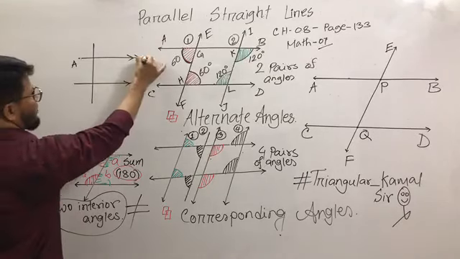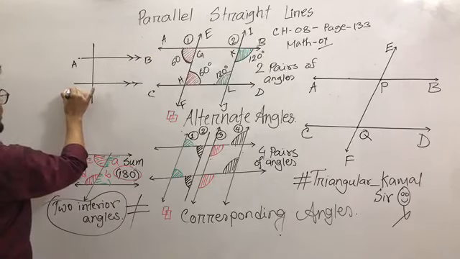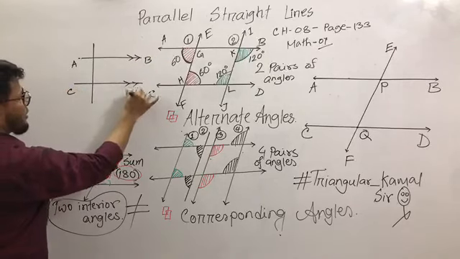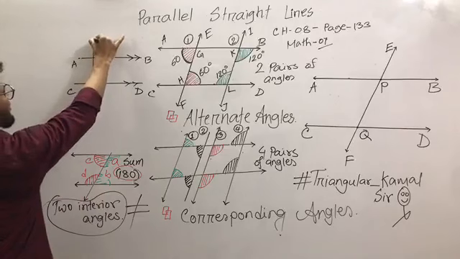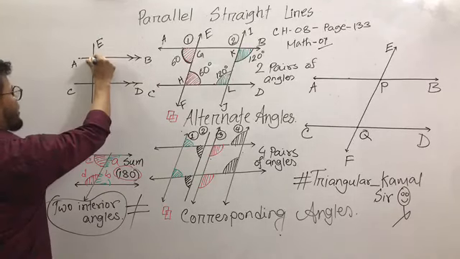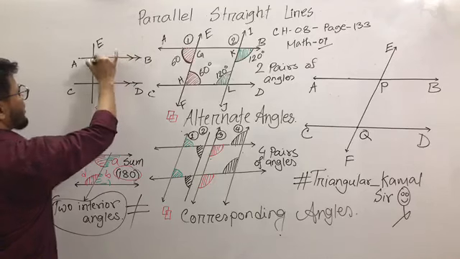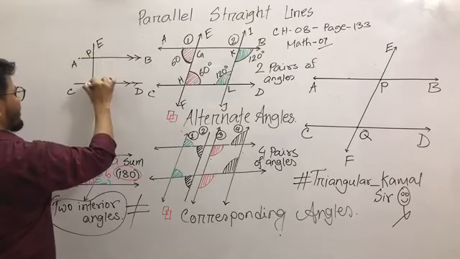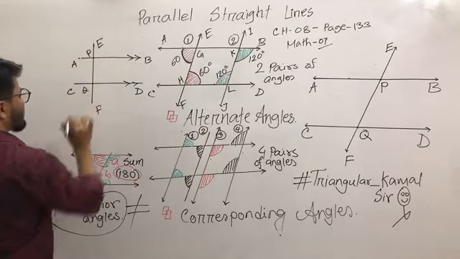This is AB, this one is CD, and the transversal is EF, intersecting at the point P, and this is now Q.